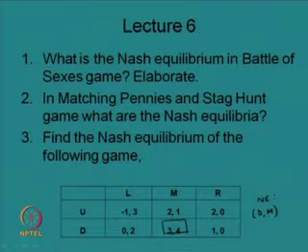Because from dm, if player 2 deviates, she can deviate to r where she is getting 0, which is worse. She can deviate to L, which is again worse, which is 2. If player 1 deviates, she can deviate to U, and she is getting 2 here, which is worse than 3. So, no profitable deviation is there.